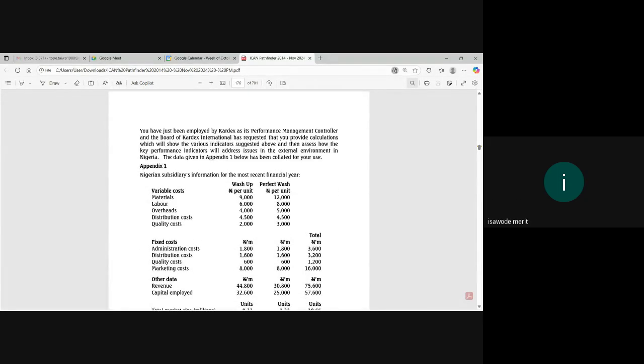The data given in Appendix 1 below has been collected for your use. Appendix 1, Nigeria subsidiary information for the most recent financial year. Variable costs, we have Wash Up and Perfect Wash. Variable cost per unit, we have material, labor, overhead, distribution costs, and quality costs.